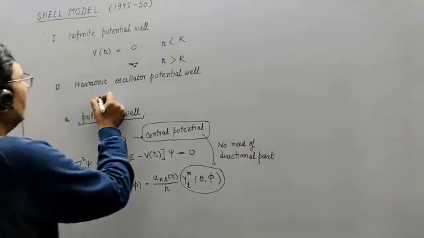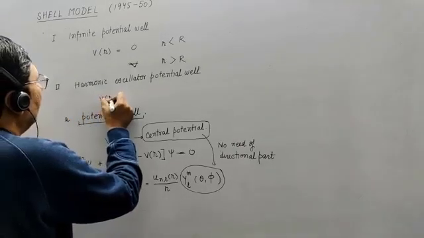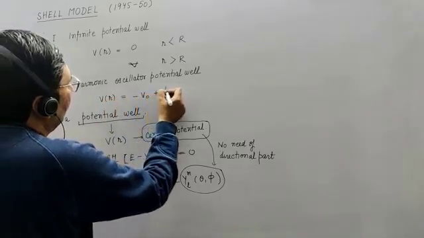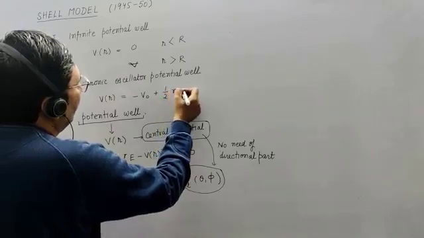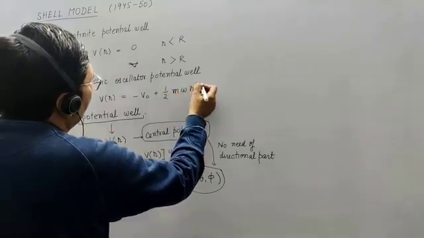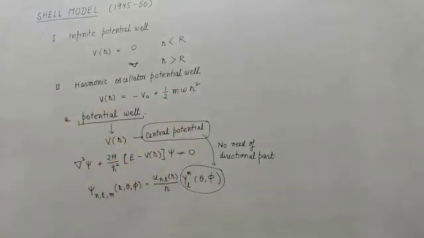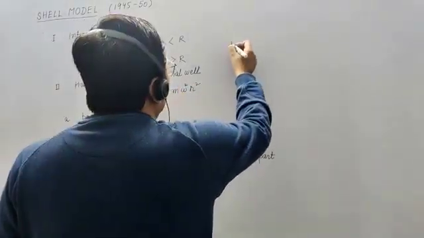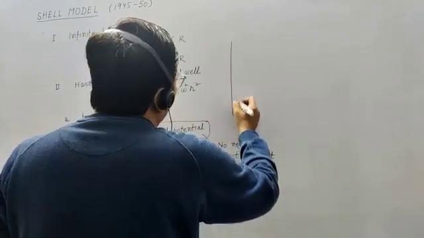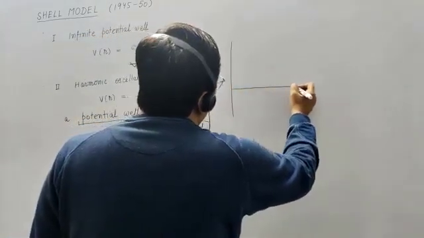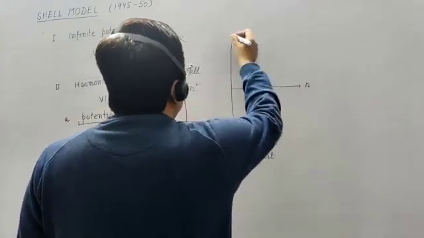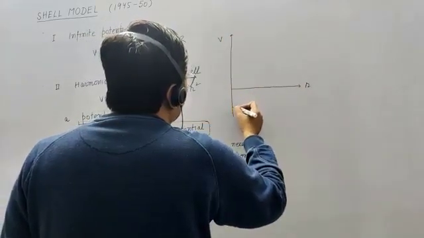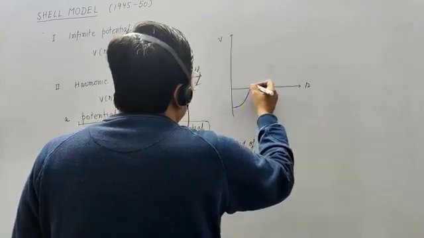Its profile was simple. V(r) was equal to minus V naught plus 1 by 2 m omega square r square. The potential was like this, with r on one axis and V on the other.